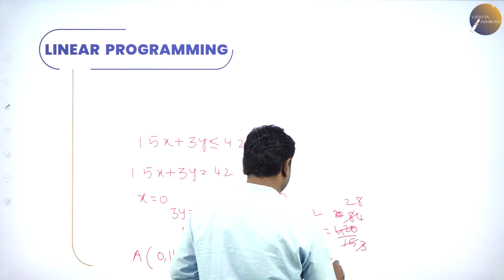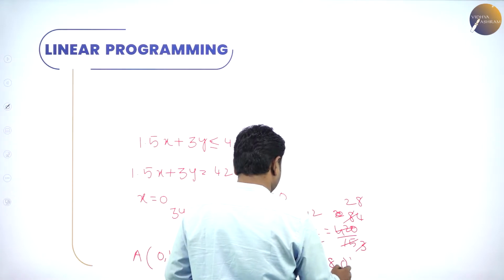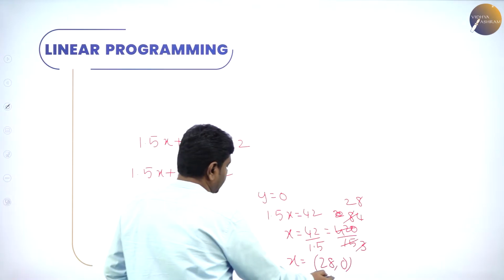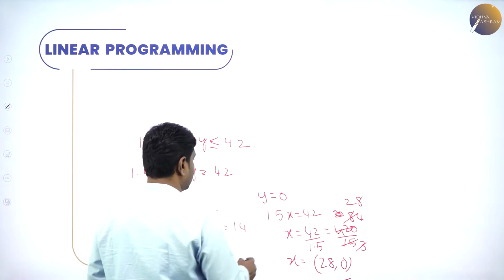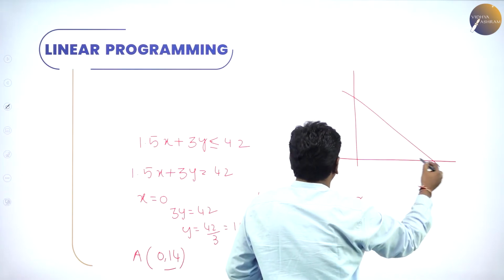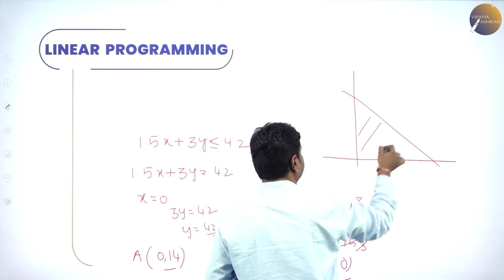So it will be 28 comma 0. So plot them. Now 28 comma 0 and 0 comma 14, plot a graph between these two points, and shading should be less than, so shade below.